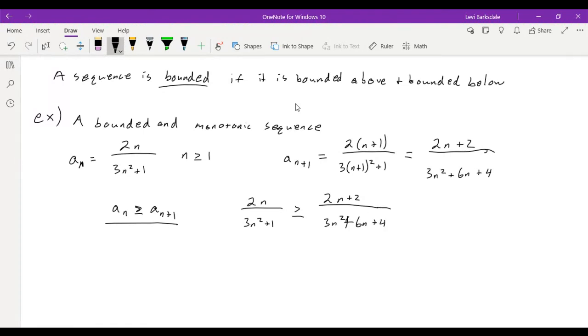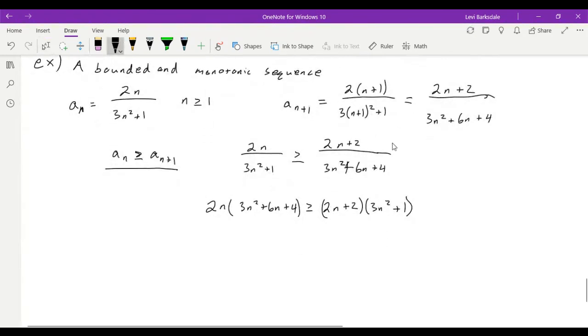Now, in order to actually prove this, I need to simplify it down a bit. So I can cross multiply, and I get that 2n times 3n squared plus 6n plus 4 is bigger than or equal to 2n plus 2 times 3n squared plus 1. Now, if I keep on simplifying, I get 6n cubed plus 12n squared plus 8n is bigger than or equal to 6n cubed plus 6n squared plus 2n plus 2.